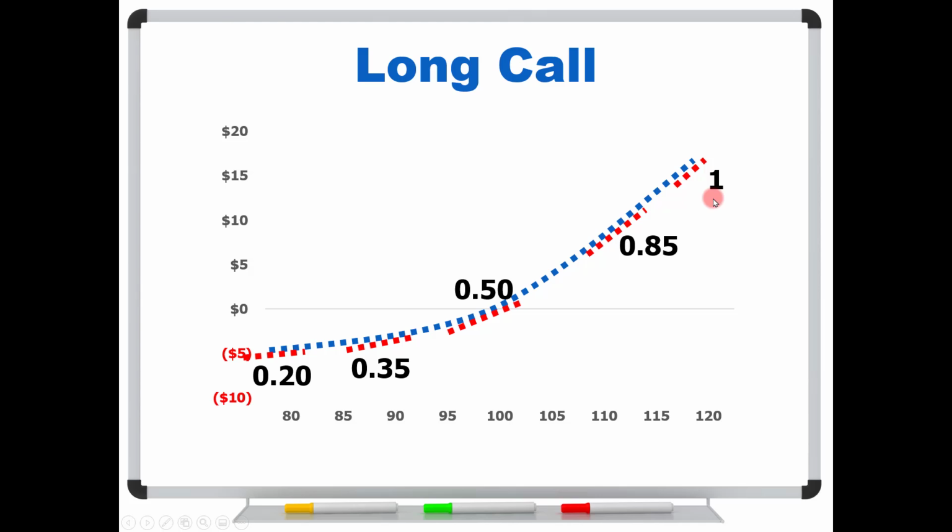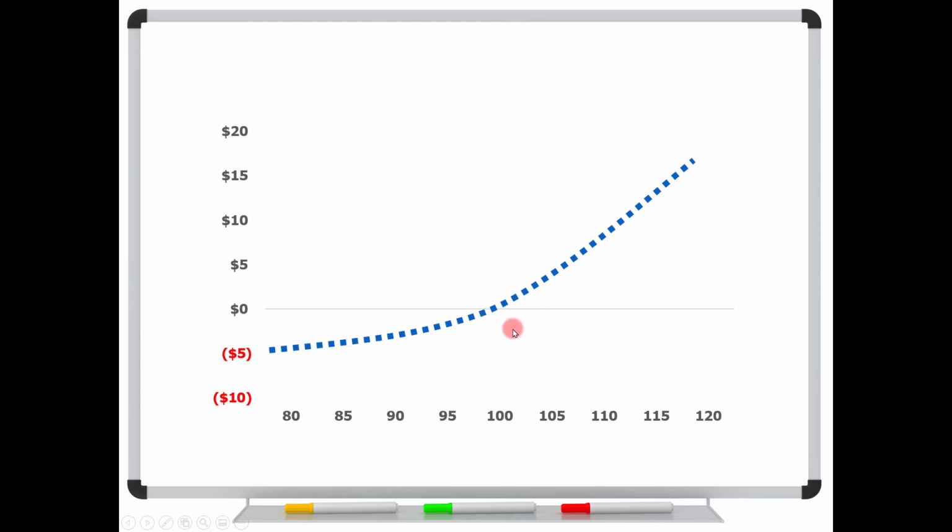And finally, if that option goes super deep in the money, at least prior to expiration, you will see a delta of 1. So what gamma is showing is by how much, the way I've drawn this, these red lines are changing. For example, let's say the stock is somewhere around here and we have a delta of 50 right now. What we're trying to figure out with gamma is, if the stock price moves $1 right now, what would my new delta be?